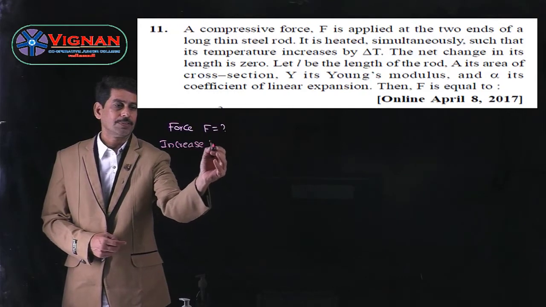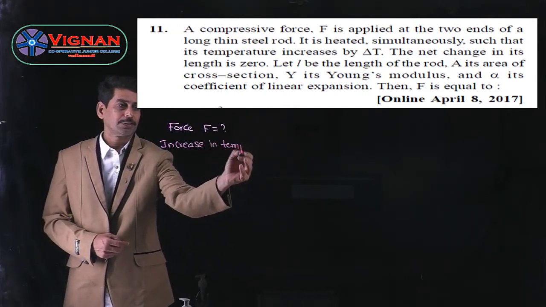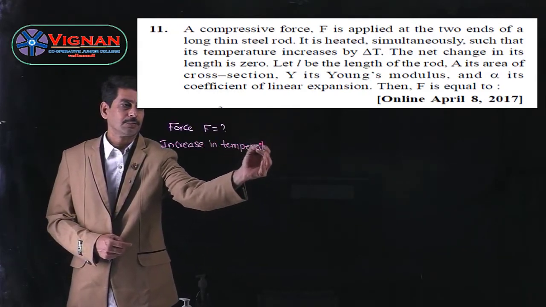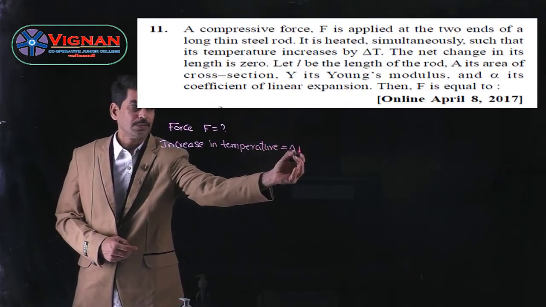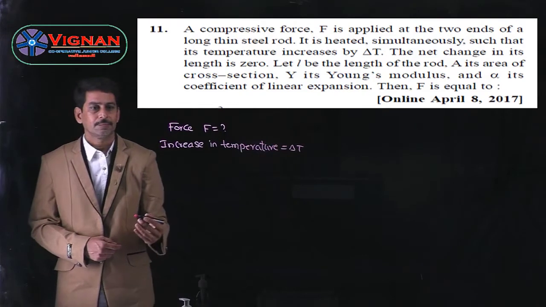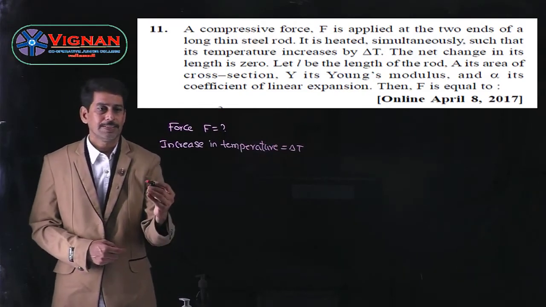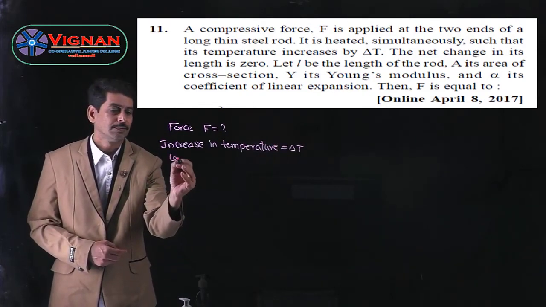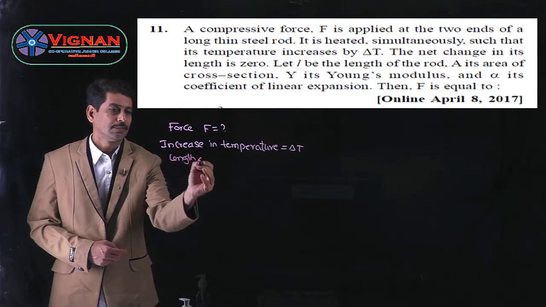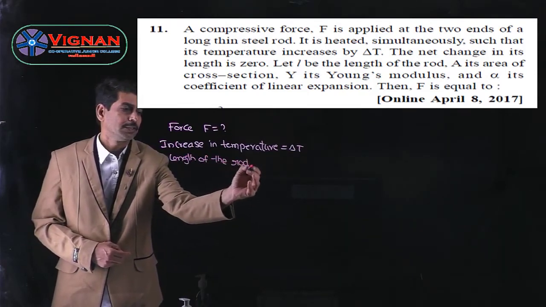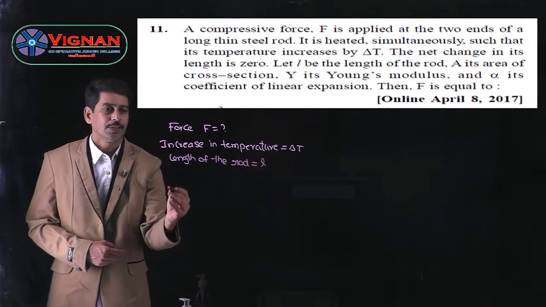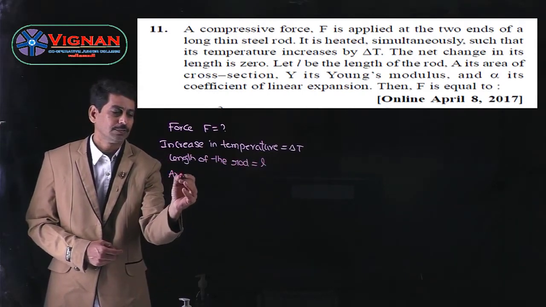So the increase in temperature is equal to delta T. L is the length of the rod. A is the area of cross section.